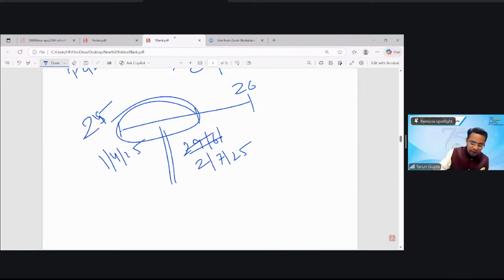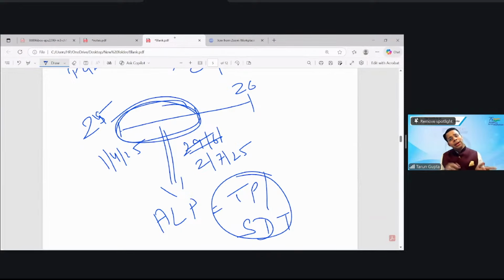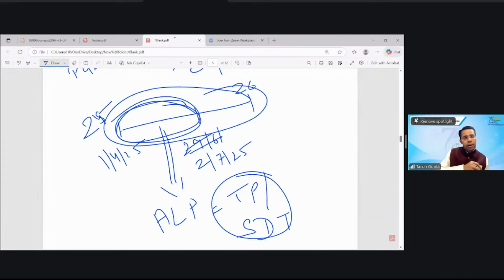If any transaction is found which relates to the computation of arm's length price, meaning any TP transaction or specified domestic transaction found during this period, then this transaction is not part of block assessment. It will be assessed separately when the assessment for this year is done.